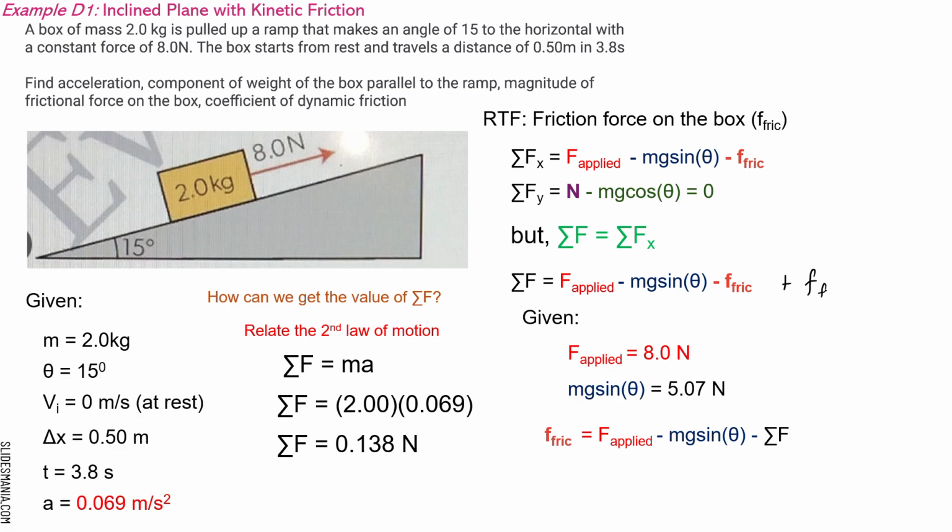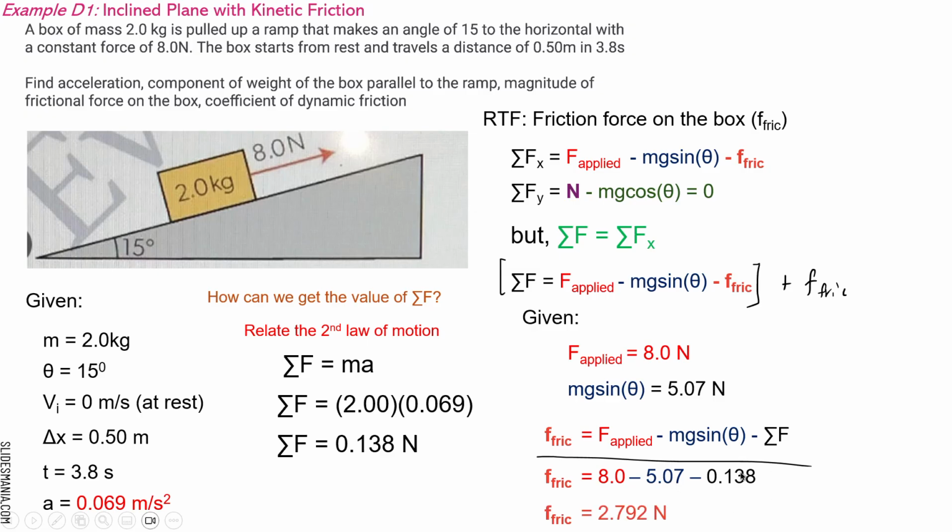So if we manipulate the equation by adding the frictional force to both sides, then we have this form. The frictional force that the ramp exerts on the box is simply equal to the applied force of 8 newtons, minus the weight component, minus the net external force on the box. So this is given by 8 minus 5.07 minus 0.138.